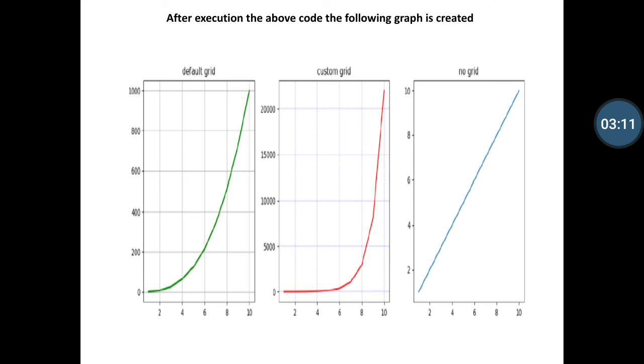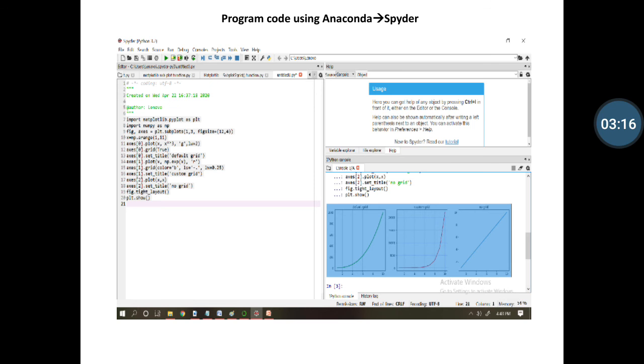I also wrote the code of the above program in Anaconda using the Spyder tool, so you can easily write the code and create the graph in the Anaconda environment. You can also notice that the graph in the above slides is the same as created in our Anaconda environment using the Spyder tool.